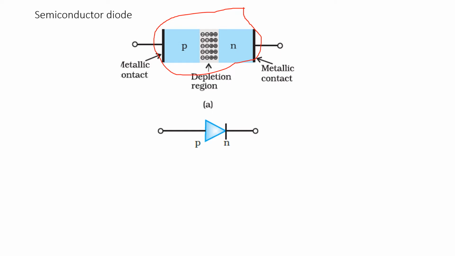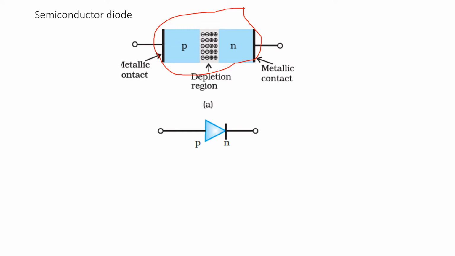The left side is p-type material and the right side is n-type material, the junction is called the p-n junction, and the center portion is the depletion region, as we have seen in the previous slide.